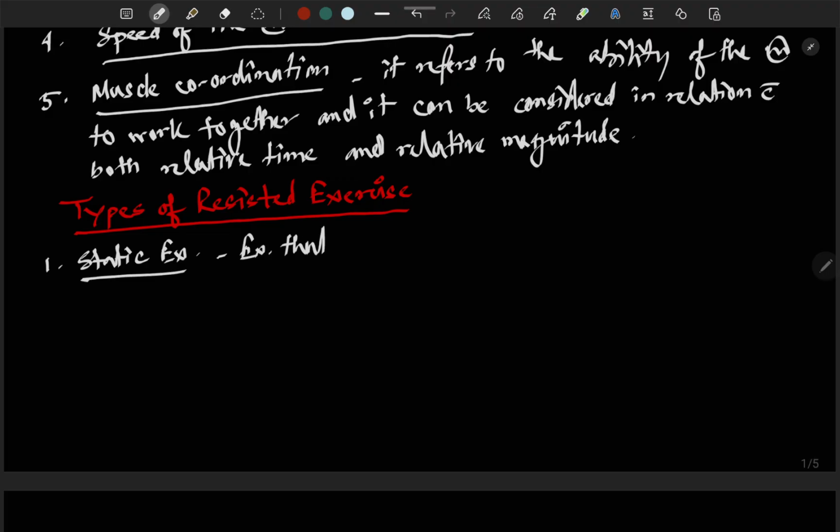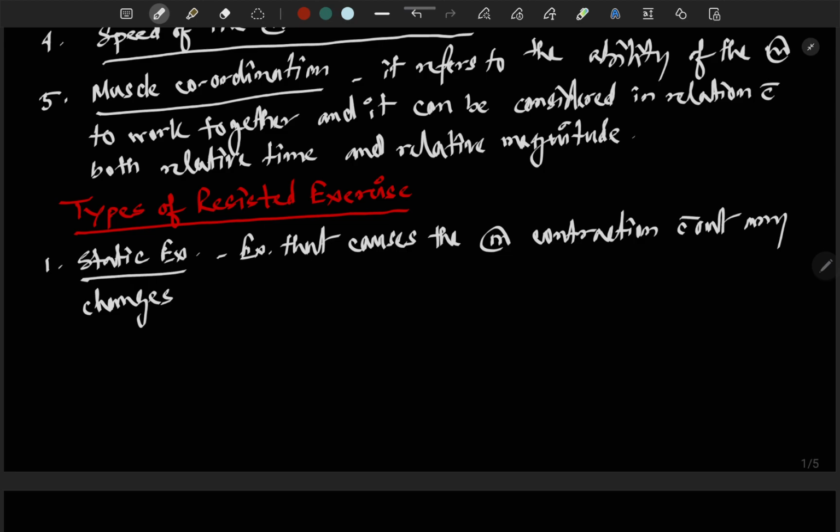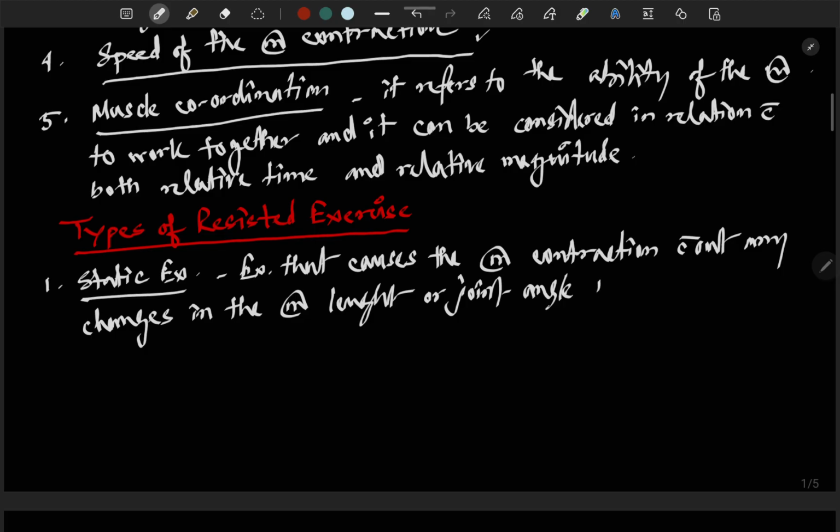Exercise that causes the muscle contraction without any changes in the muscle length or joint angle is known as static or isometric resistance exercise.